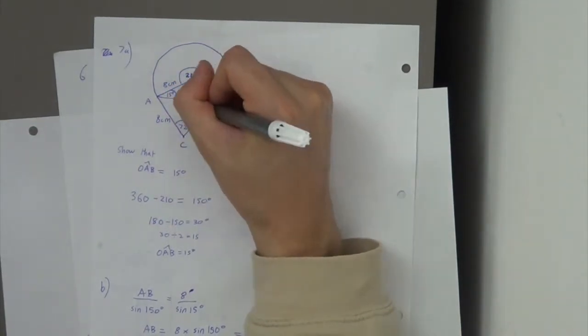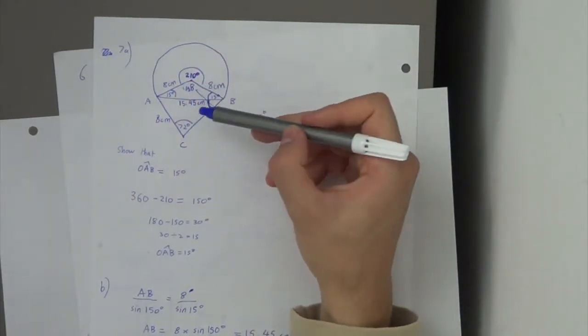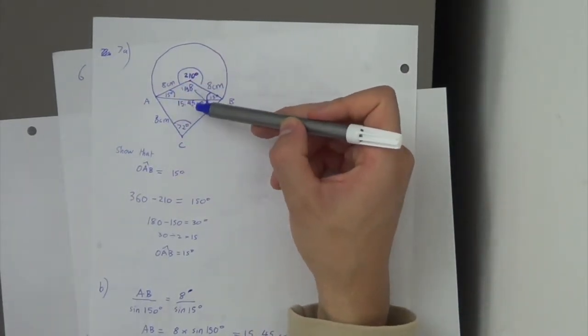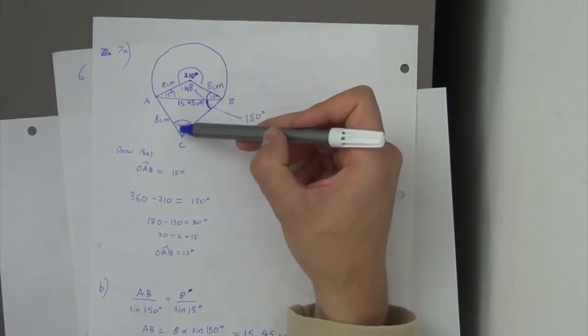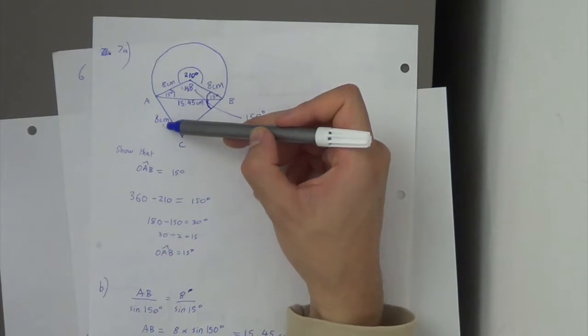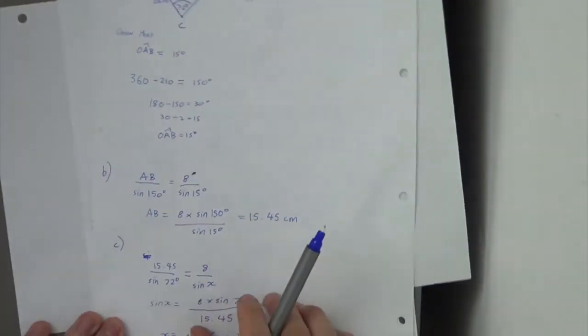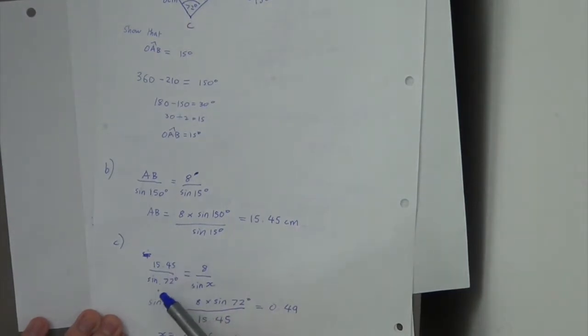This is 15.45 centimeters. So I'm going to do 15.45 centimeters divided by sine of its opposite, 72, equals 8 divided by sine of this. So I did 15.45 over sine 72 equals 8 over sine x.